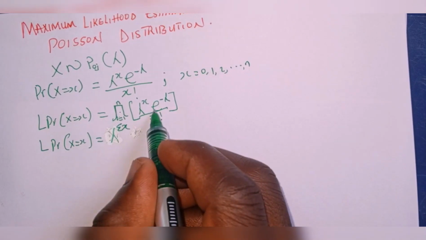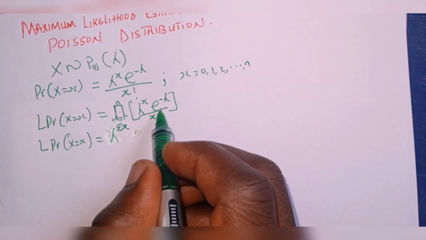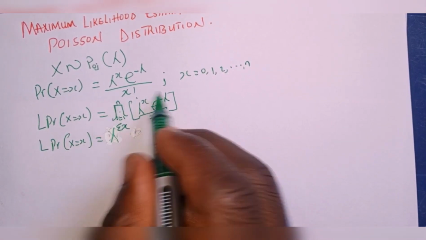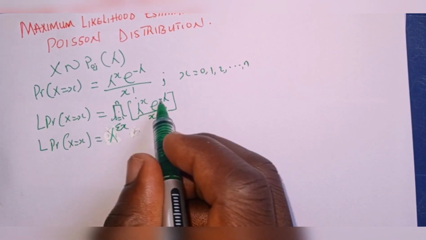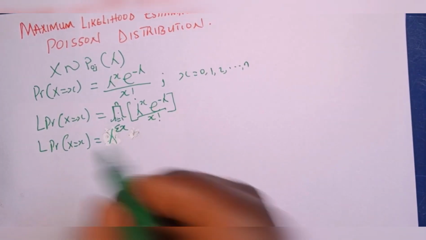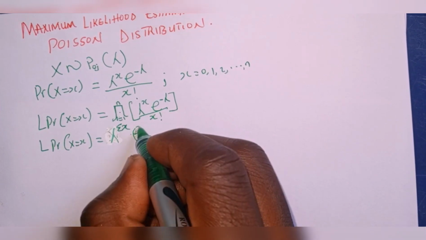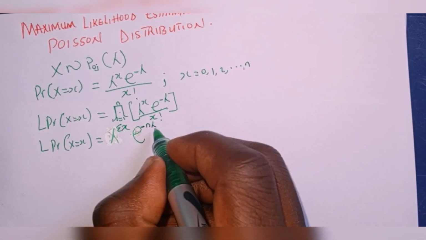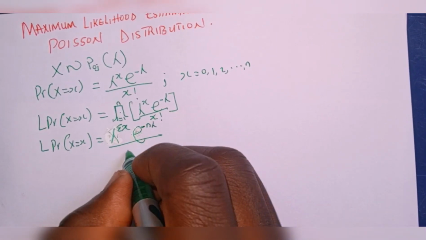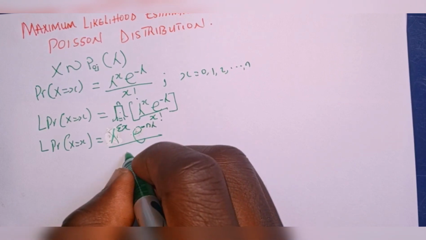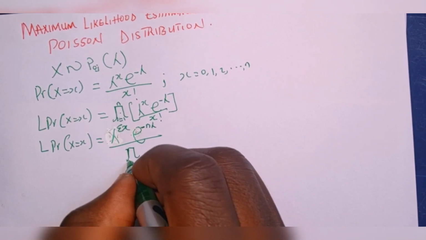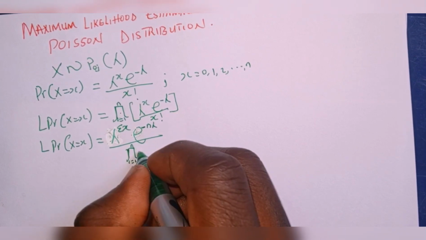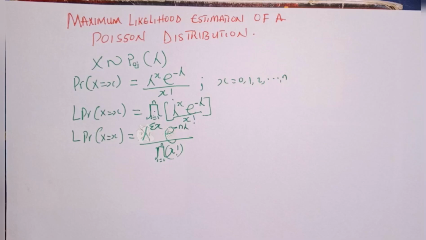Then when you take the likelihood of e to the power of minus lambda, minus lambda is constant. So when this multiplies, it's going to change to n of minus lambda, not summation. So this is going to be e to the power of minus n lambda, all over the likelihood of x factorial, which is the same as the product, as i goes from 1 to n, of x factorial.